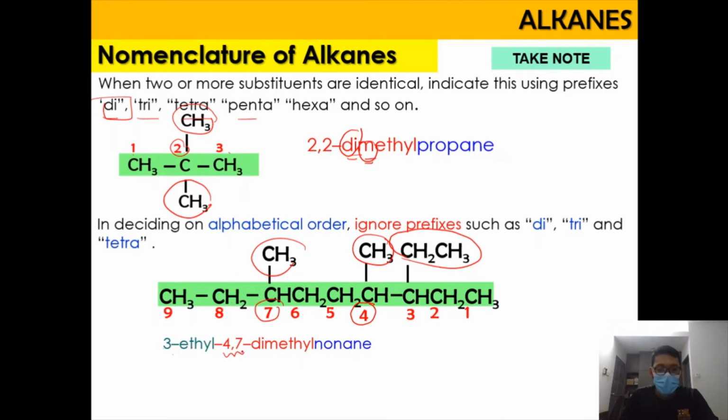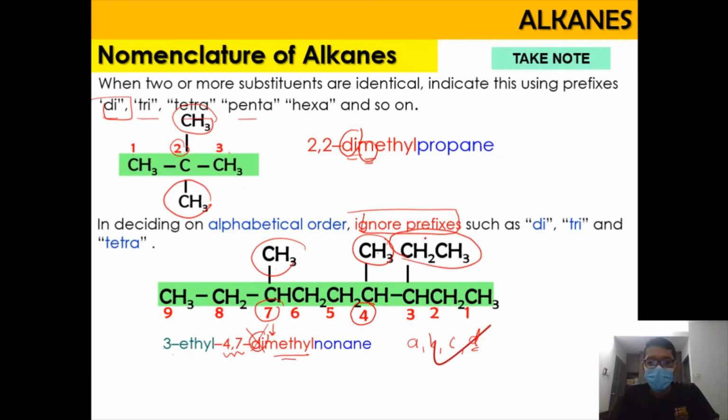So 4, 7, because it has 2, it's gonna be dimethyl. Okay, so sepatutnya A, B, C, D. So you will think that dimethyl gonna be at the front. However, we need to ignore the prefixes. Okay, so di ini tidak dikira sebagai dalam alphabetical order. Kamu hanya tengok yang dia punya M. Alright.